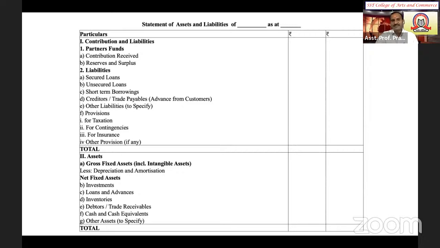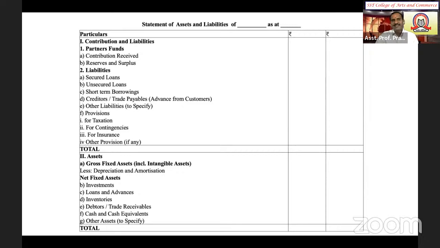In that partners' fund, contribution received, reserves and surplus. Now contribution received is just like your partners' capital. In reserves and surplus, all the reserves will come here, including your profit and loss account.